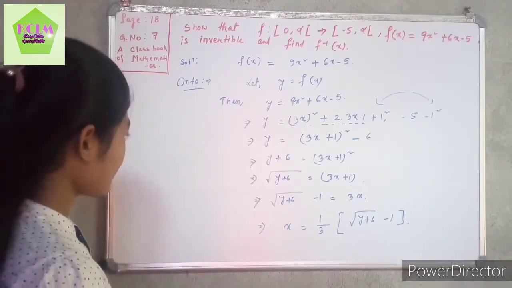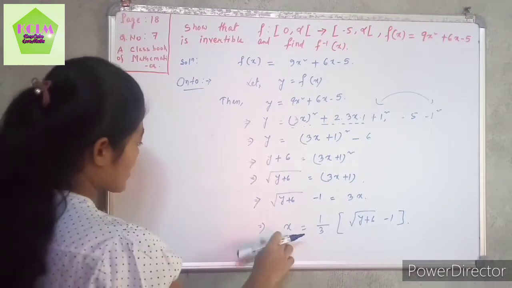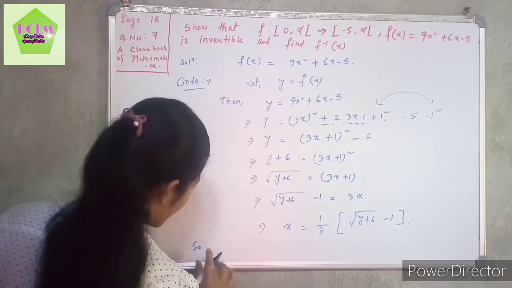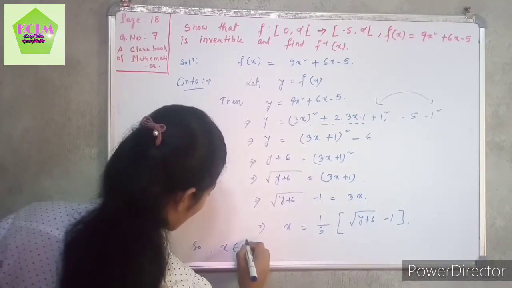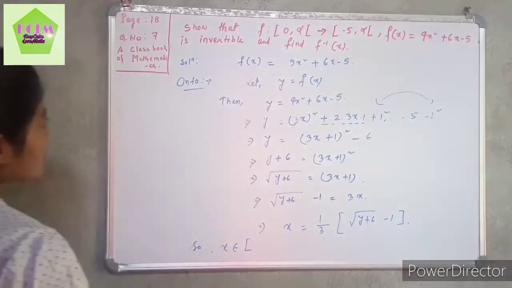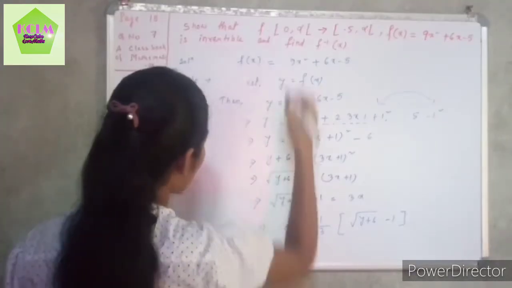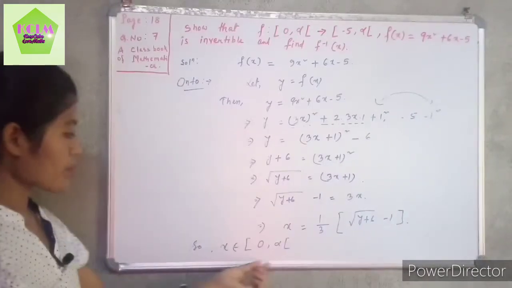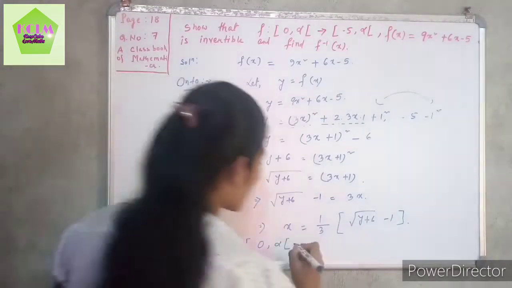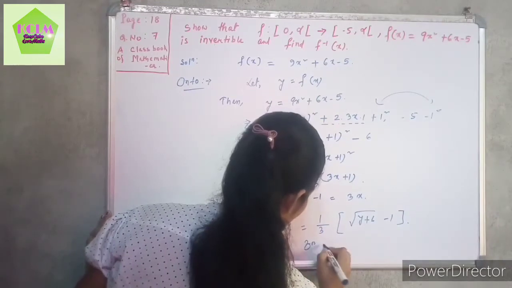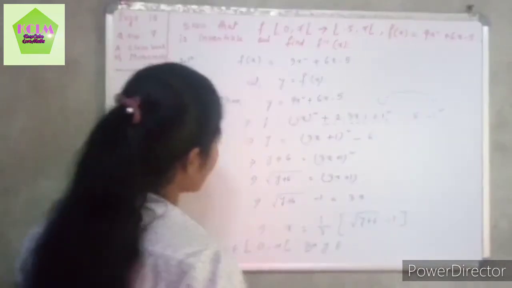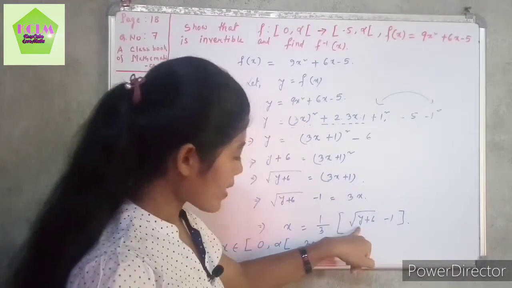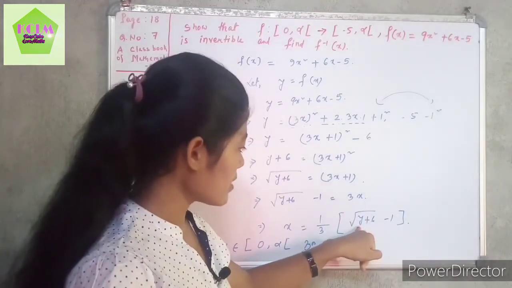Now x belongs to the closed open interval 0 to infinity, so for y belongs to, here if we take y equals minus 5, then what will it be?